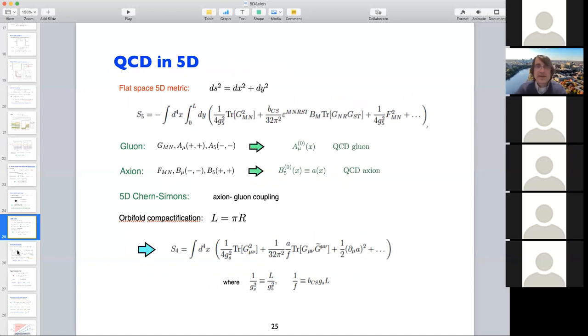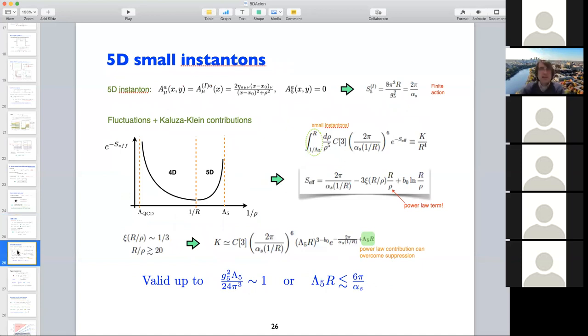Let me not worry about how you set up the calculation. I don't have time for that. Let me just jump to the bottom line here. So here's the cartoon of what's happening. I'm plotting this exponential that I was referring to, e to the minus S, where S is 2 pi over alpha.